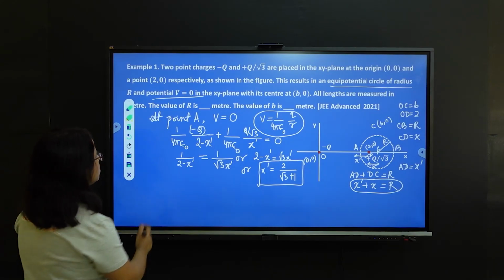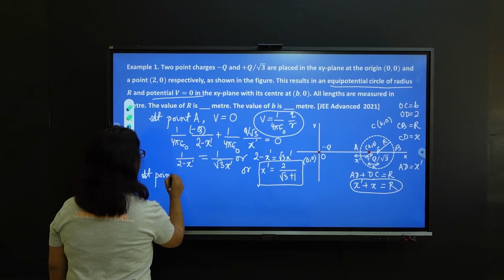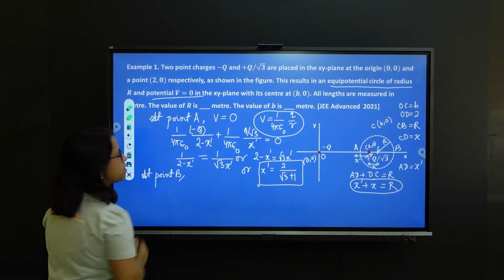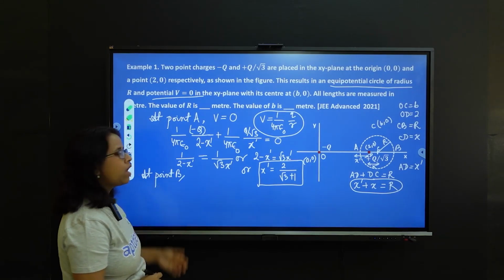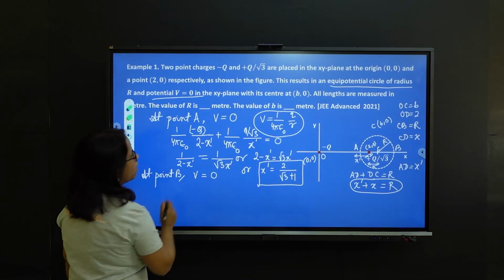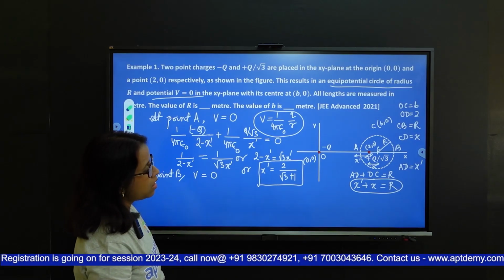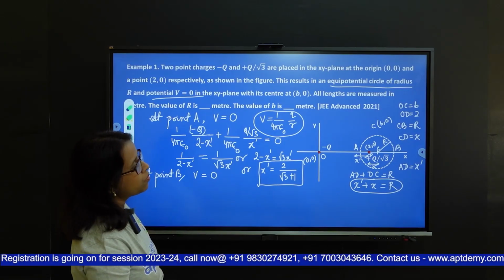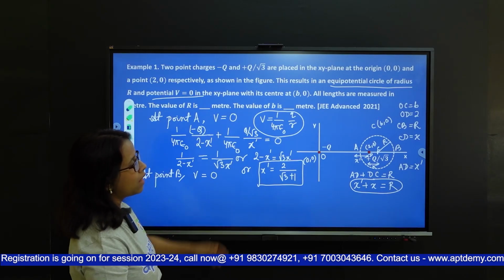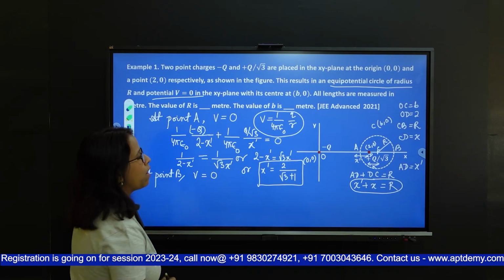Now let us consider the potential at the point B. Again, since the surface is equipotential, the potential at point B will also equate to 0. And let us look at the net potential at point B. The net potential at point B will be that due to charge minus q and due to charge q by root 3.